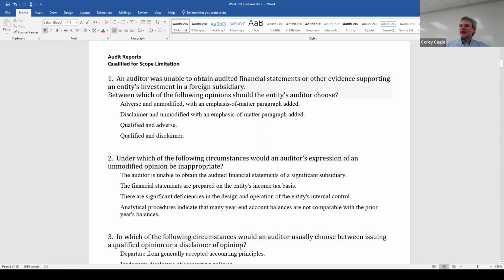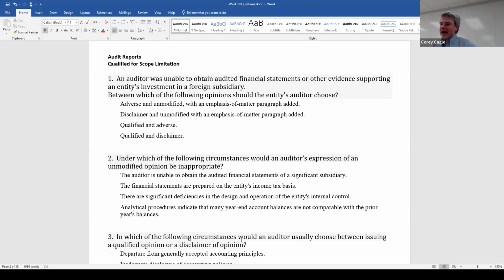Number one is kind of a classic. An auditor was unable to obtain audited financial statements supporting an entity's investment in a foreign subsidiary. Between which of the following opinions should you choose? All right, so an auditor was unable to obtain. That's a scope limitation. Scope limitation means you're either qualifying it or disclaiming. There's no adverse opinion for a scope limitation. Adverse means there was a GAAP departure that was big.